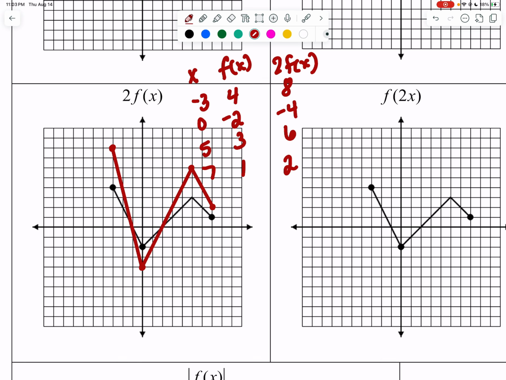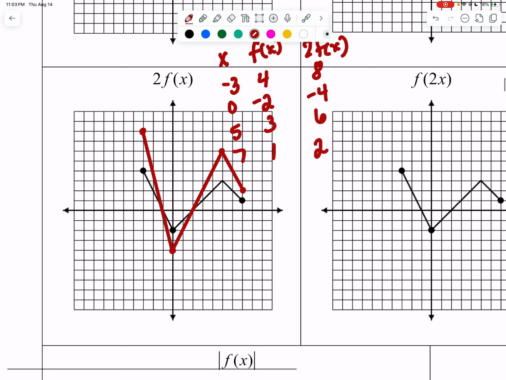Now, if hypothetically your coefficient here is between 0 and 1 in absolute value, so it could be like negative 1/2 or something, that right there would be a vertical compression because it's going to get smaller.